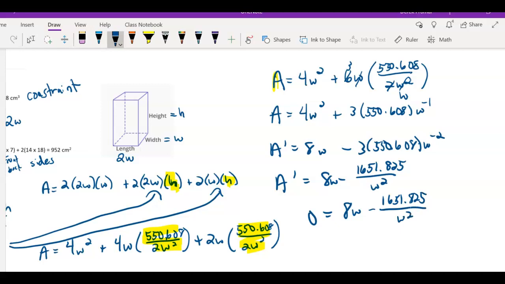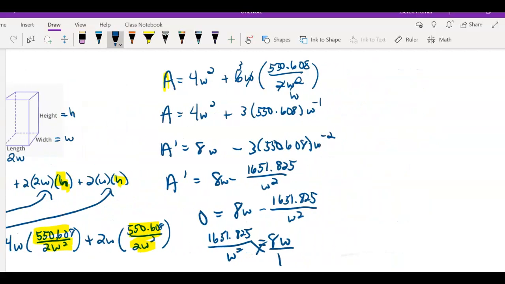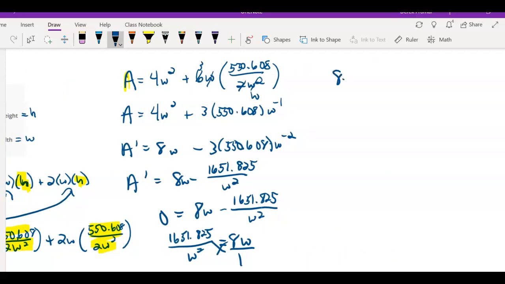I want to know where this derivative is equal to 0. And so I'm going to bring this fraction over to the other side. And I like to cross multiply when I have proportions. So I get 8w cubed equals that big decimal.